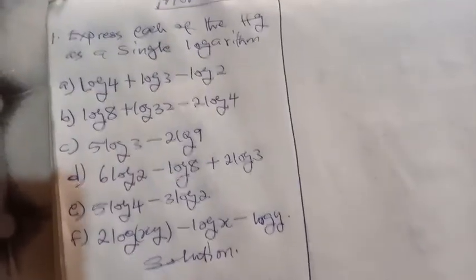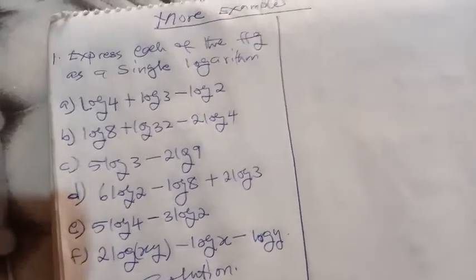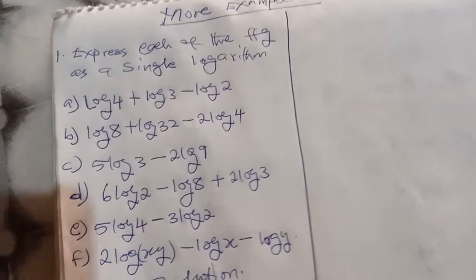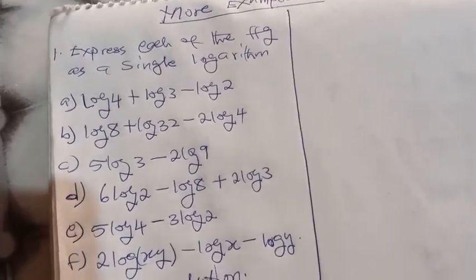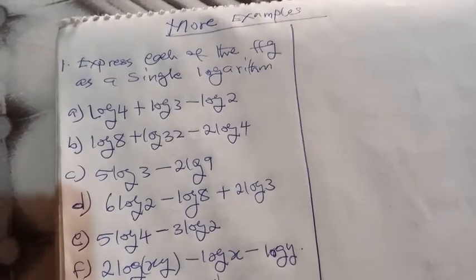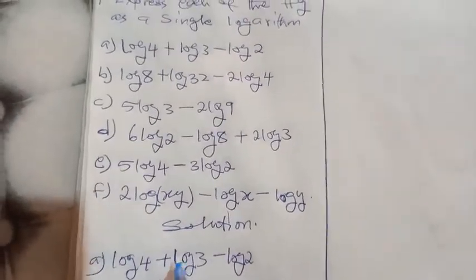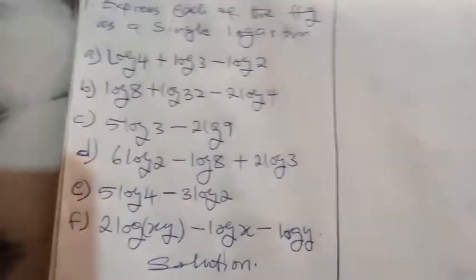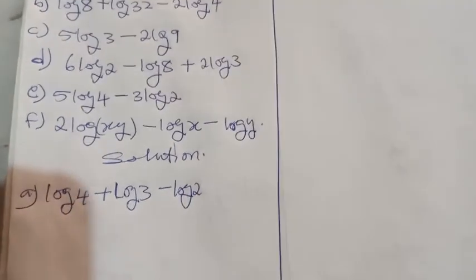Now, solution to the first one. We have log 4 plus log 3 minus log 2. All we have to do is to use the laws. The first law states that if you have two logarithms and you add them together, it implies that you are actually multiplying the numbers as a single logarithm.